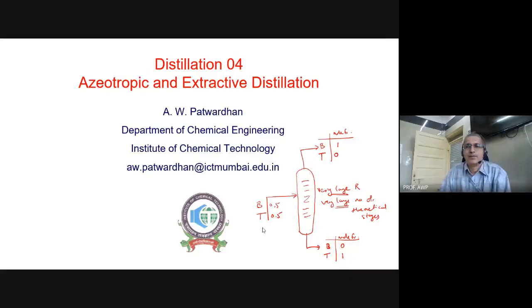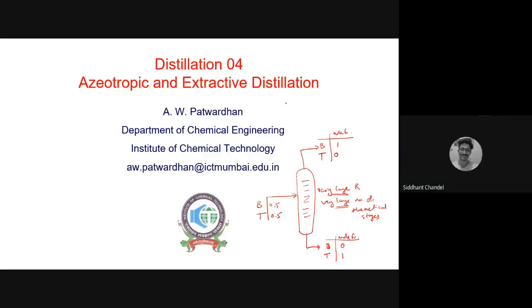Yes, sir. Okay. Why does benzene go to the top of the column and why does toluene go at the bottom of the column? Benzene is more volatile. So.